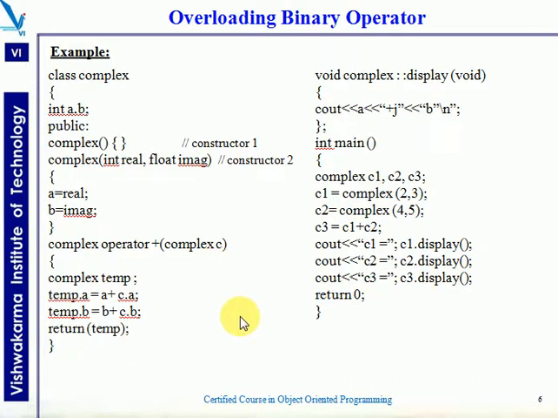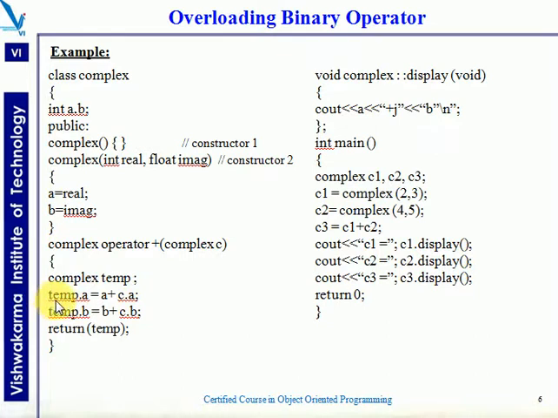So data members of C1 are accessed directly, and data members of C2 are accessed using the dot operator on the object that is passed as an argument.